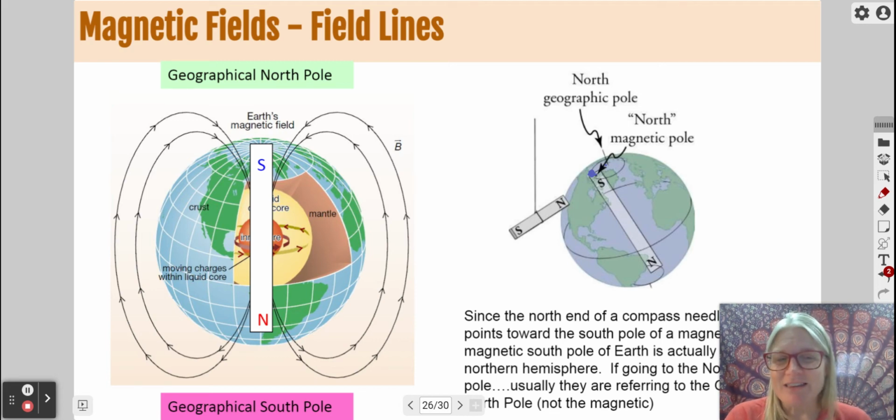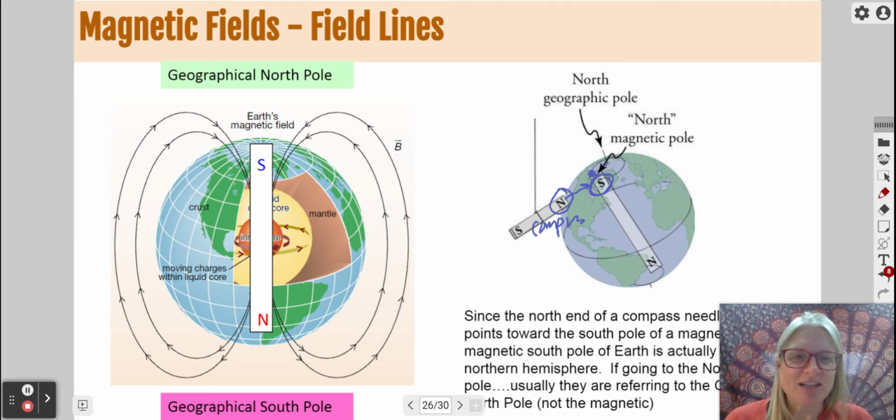Also, if you ever thought about this, when you're using your compass and the north end of your compass magnet is pointing north, it's pointing north because it's actually attracted to the south. North attracts south. So the north end of your compass is attracted to the south end of the magnetic pole of Earth.